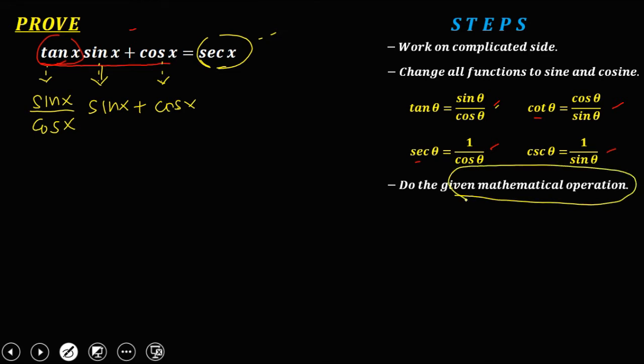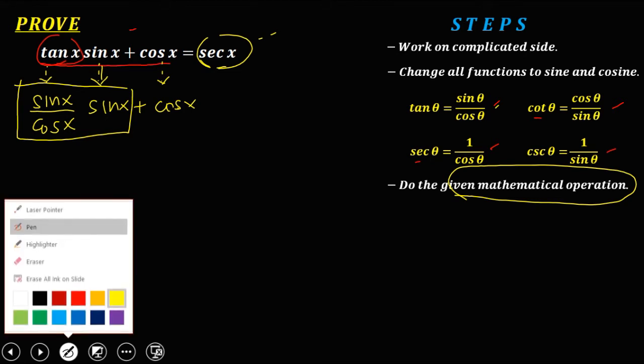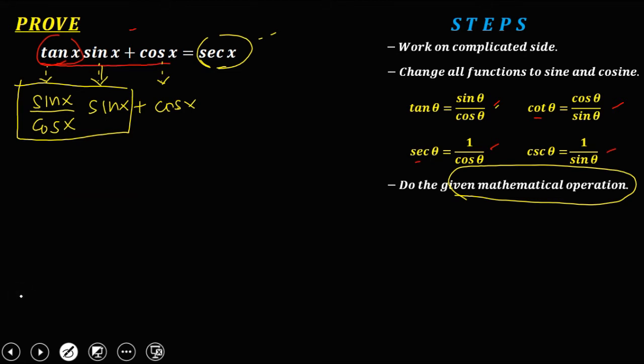So first, simplify this sine x over cosine x times sine x. Now, in multiplication of fractions, if we have 3 over 2 times 4, that 4 is the same as 4 over 1. So the rule for multiplication of fractions: multiply the numerator and the numerator, that's 12, and then multiply the denominators.